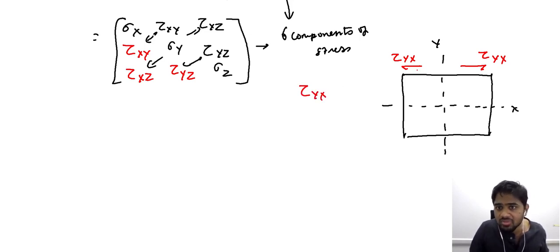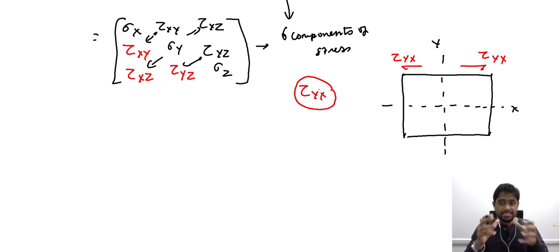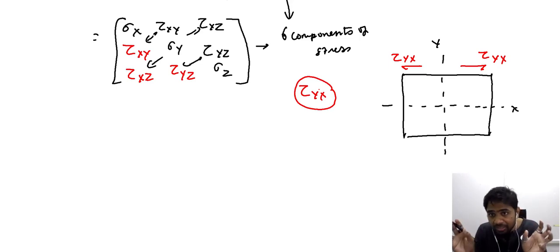However, when you look closely into the direction, these are acting in the opposite direction. So even though the parameter that we use is identical, they are acting in two different directions.